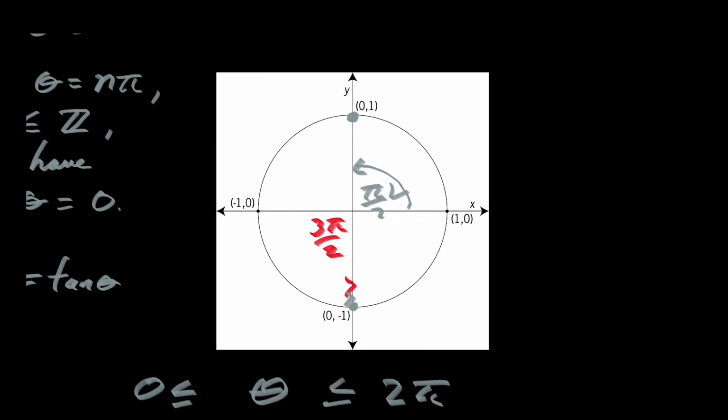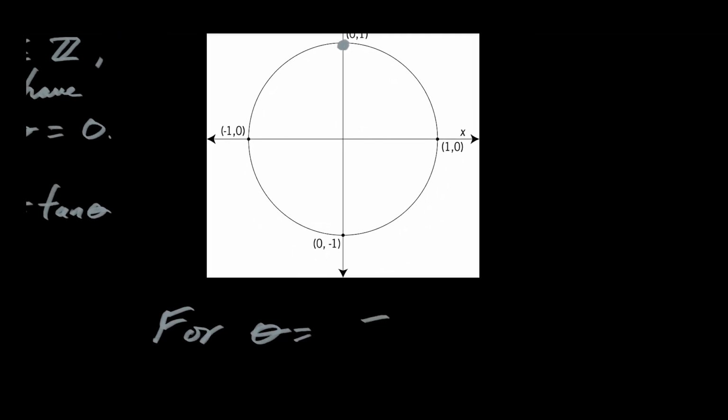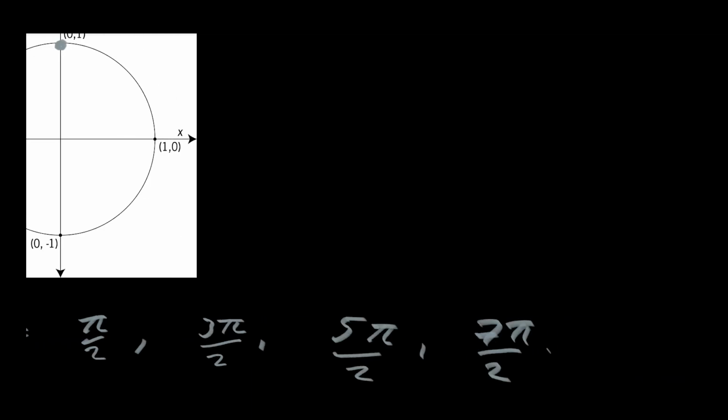I'm going to write down so far what we have. So for theta equal to pi on 2, 3 pi on 2, 5 pi on 2, and I think I went all the way to 7 pi on 2, but you can tell that this just keeps going.